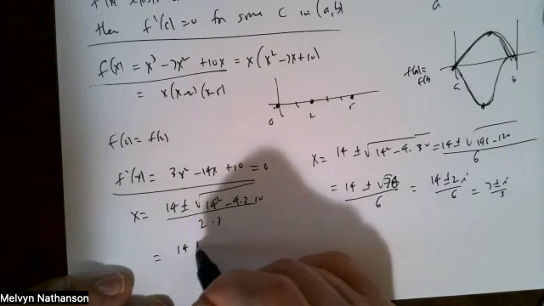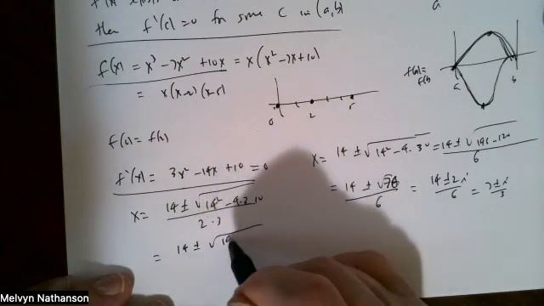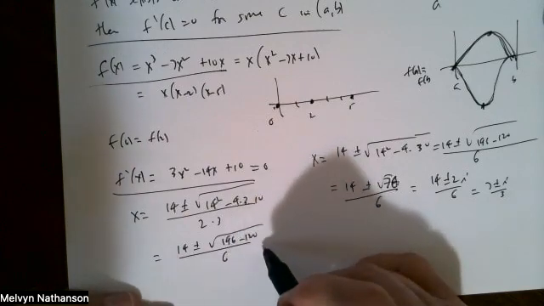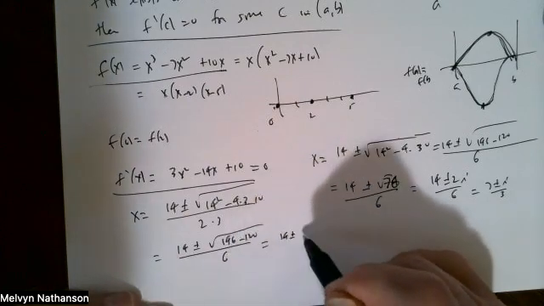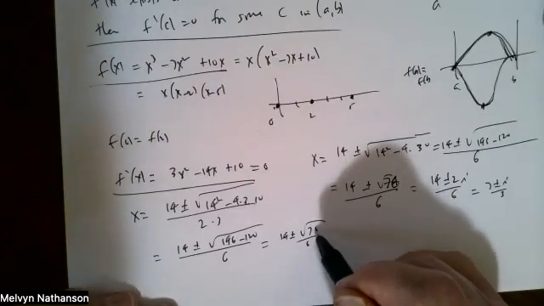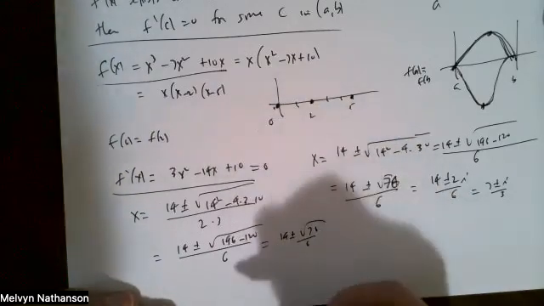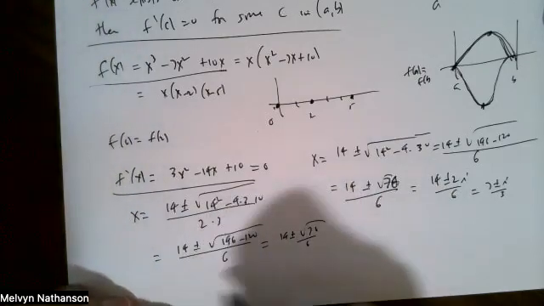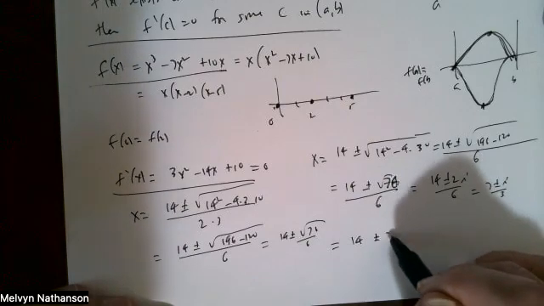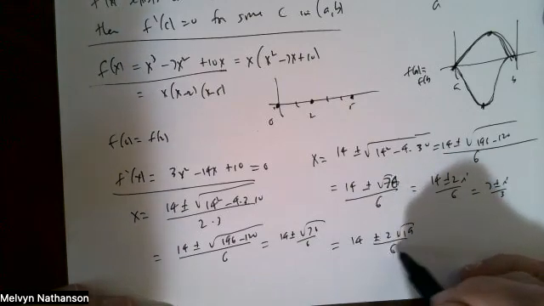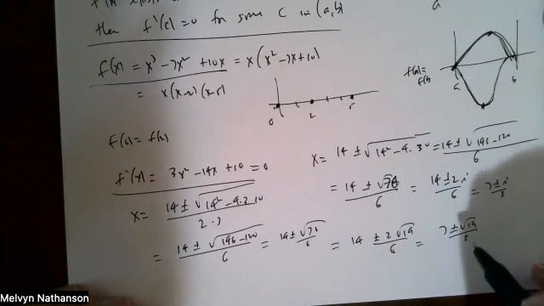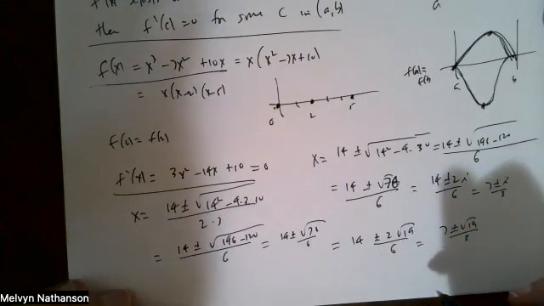So that's 14 plus or minus the square root of 196 minus 120, over 6, which is 14 plus or minus the square root of 76 over 6. 76 is 4 times 19, so this is 14 plus or minus 2 times the square root of 19 over 6, which is 7 plus or minus root 19 over 3.